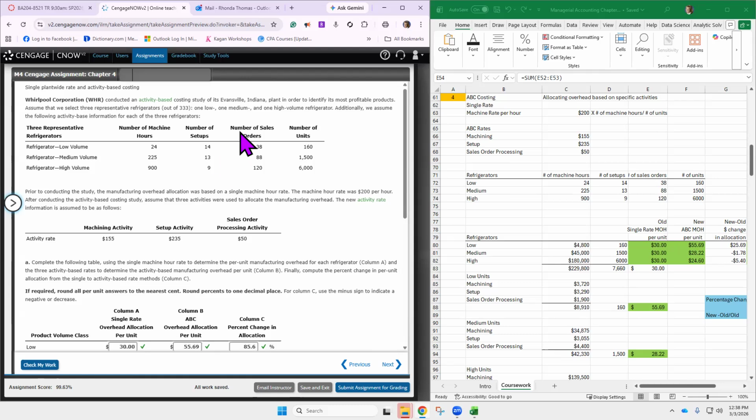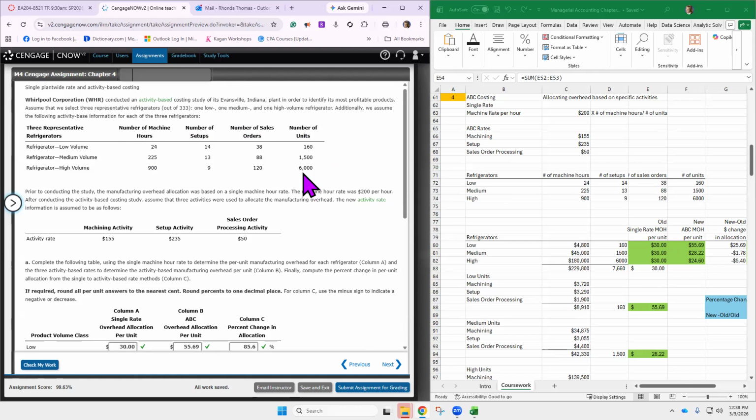Refrigerators are looked at based on volume: a low volume, a medium volume, and a high volume. We have the number of machine hours that each refrigerator has, number of setups associated with each refrigerator, number of sales orders, and then the number of units that are produced of each line.